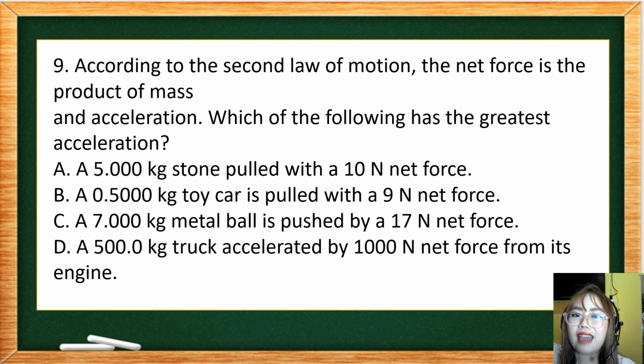B. A 0.5 thousand kilogram toy car is pulled with a 9 Newton net force. C. A 7 kilogram metal ball is pushed by a 17 Newton net force. Letter D. A 500 kilogram truck accelerated by 1000 Newton net force from its engine.